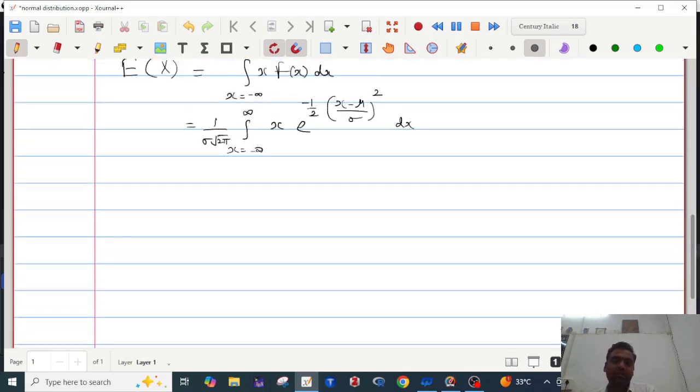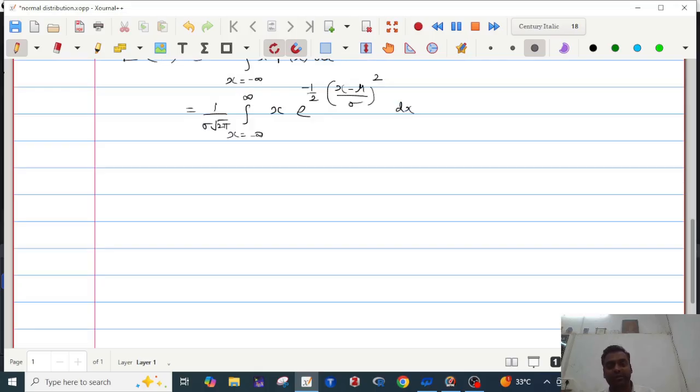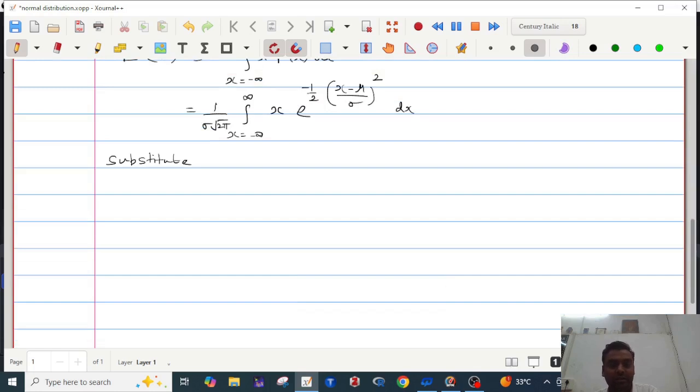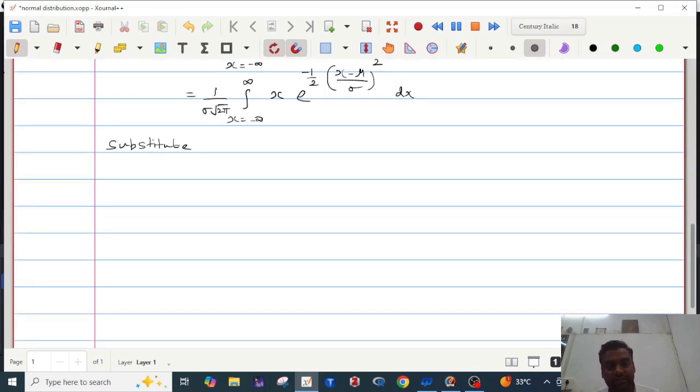In the normal distribution, for all the derivations we solve in this chapter, we will use one common substitution. Substitute y equals x minus mu upon sigma.